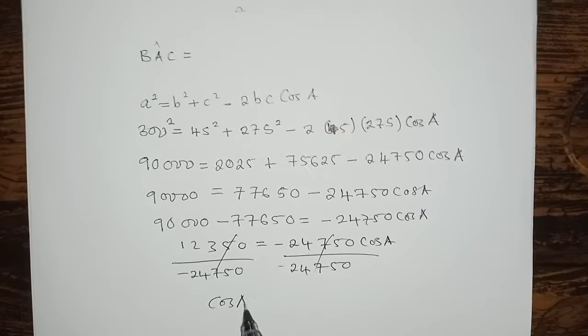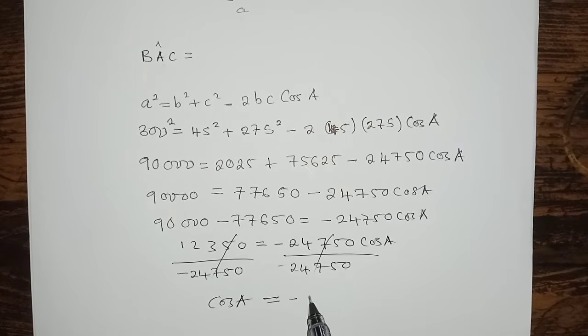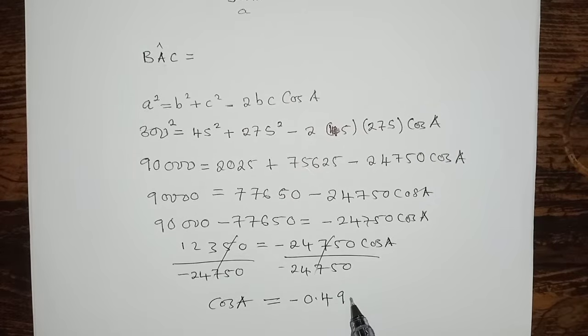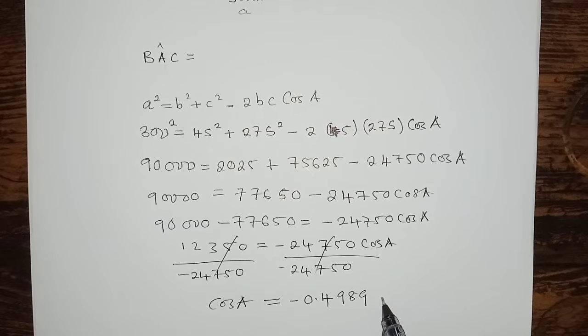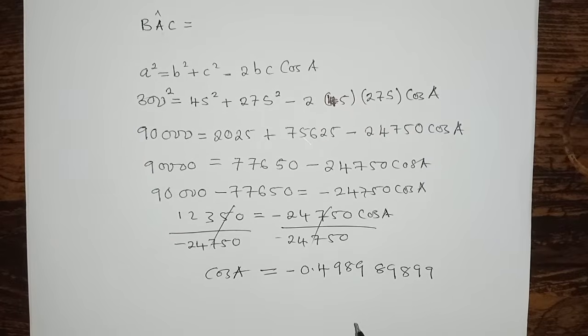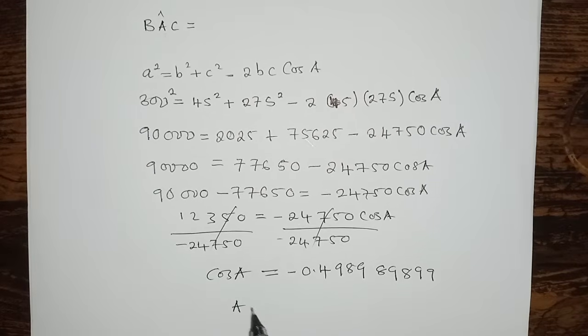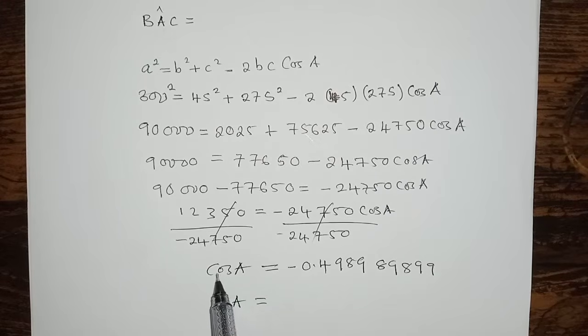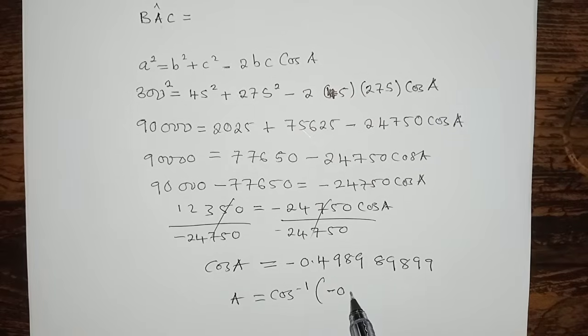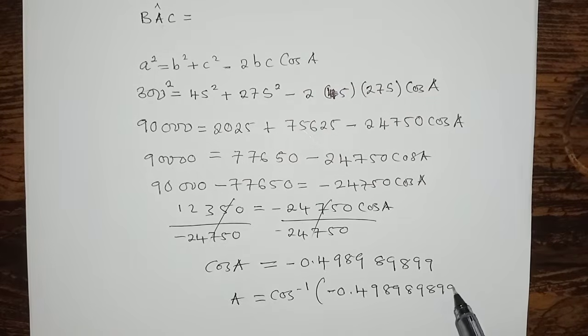So we have cos A is equal to negative 0.4989899 right here. So now we can apply the idea of a cos inverse. Once we say cos inverse, this cos will remain. So find the cos inverse of negative 0.498989899.